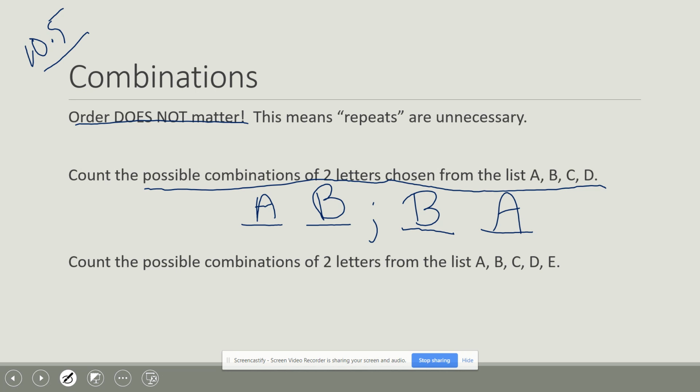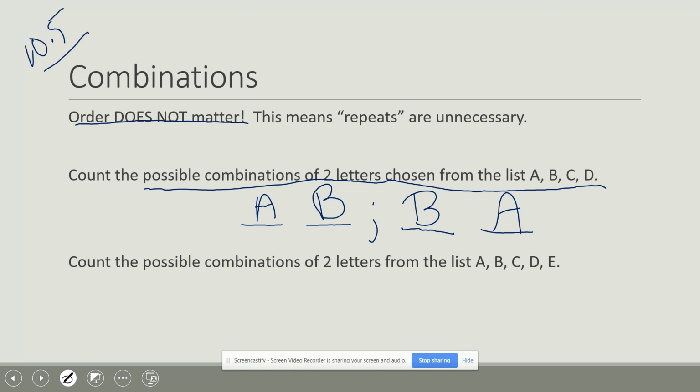Well, if it doesn't matter which one I pick first or second, just that I pick those two and they are going in a group, then their order doesn't matter, and that technically is repeating the A with the B, just in a different order. And so that's what we're talking about.